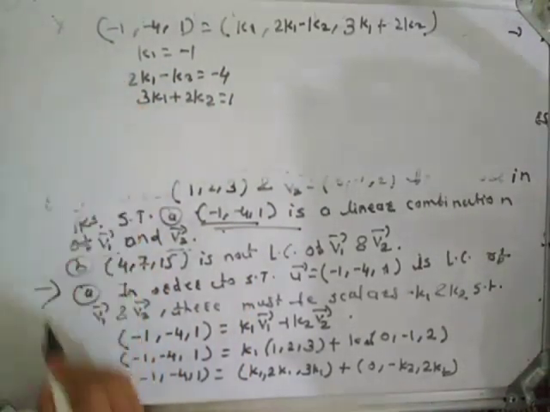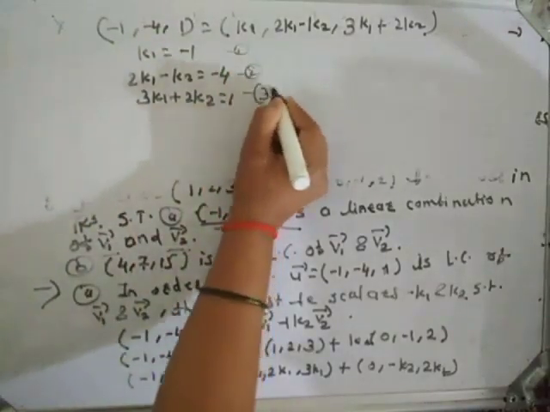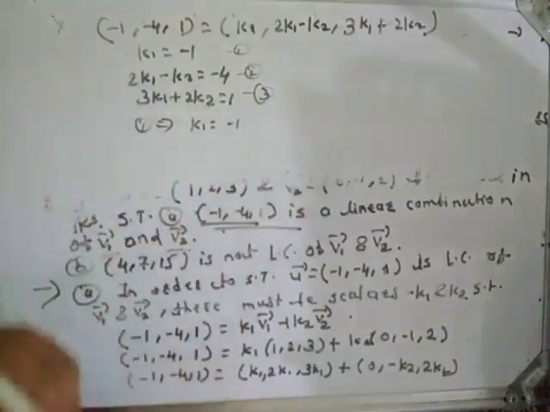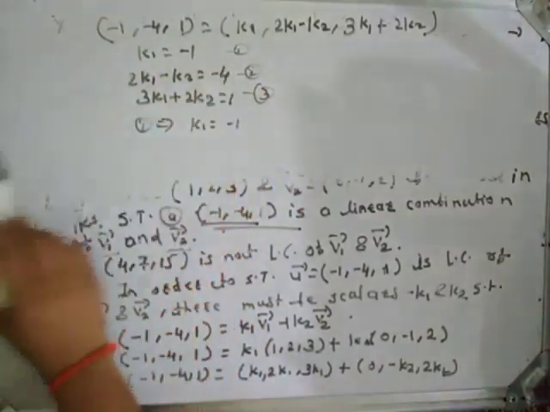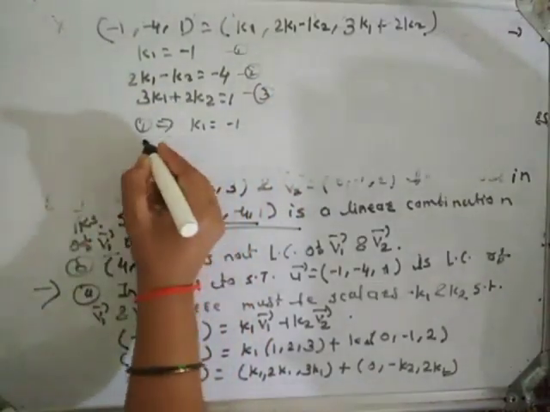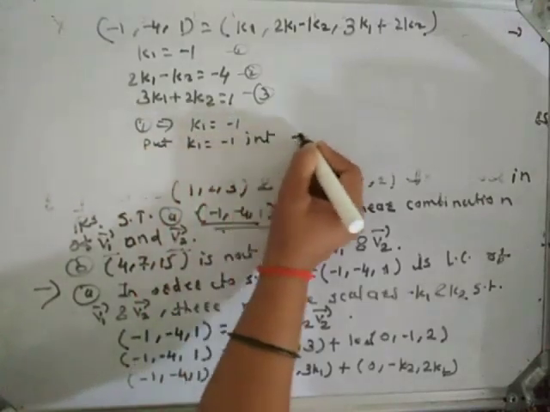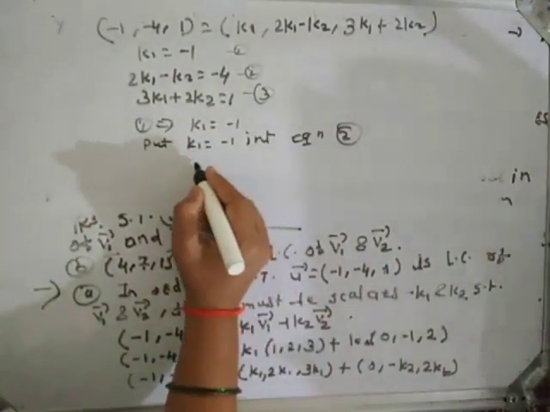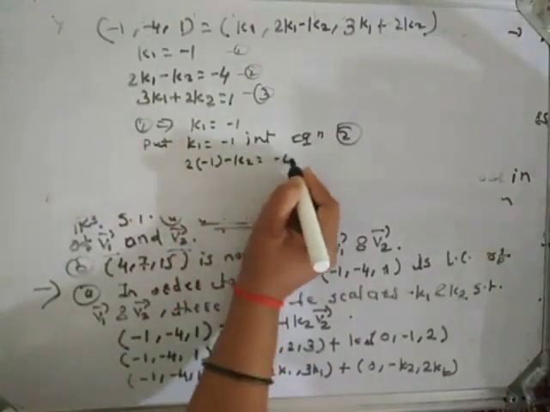So solve this system of equations. See here, students. Suppose this is equation number 1, this is 2 and this is 3. 1 implies K1 is equal to -1. If we put K1 equal to -1 in 2 or 3, we get the value of K2. So put K1 equal to -1 in equation 2. What we will get? We will get 2 into -1 minus K2 is equal to -4.